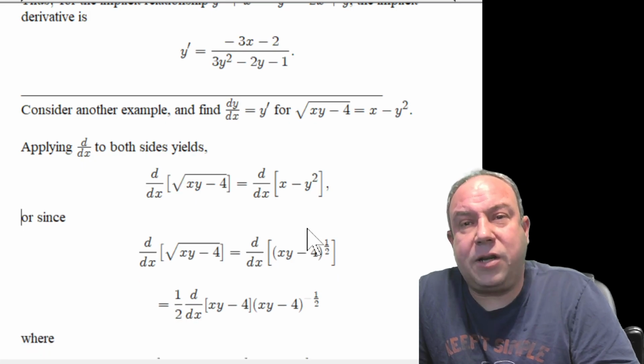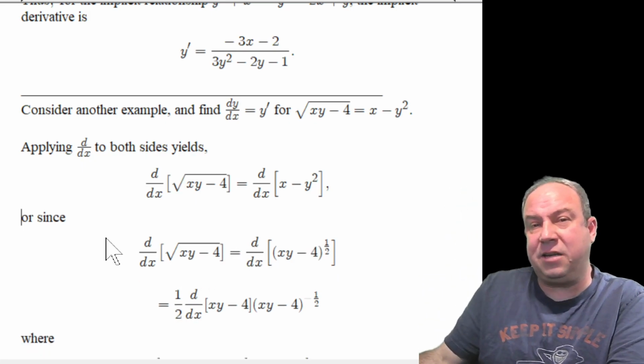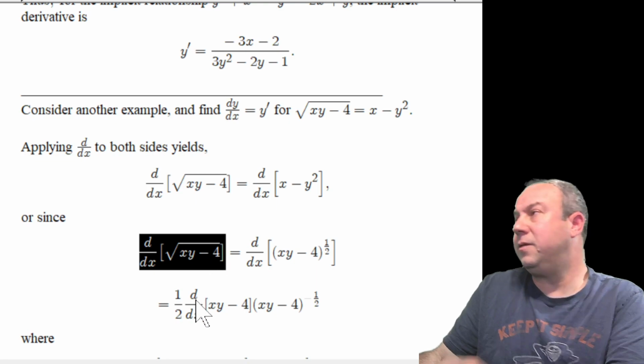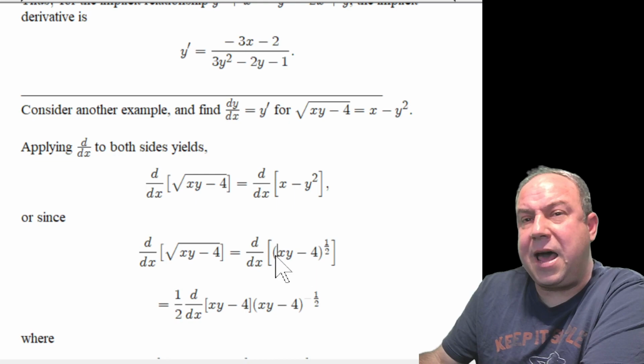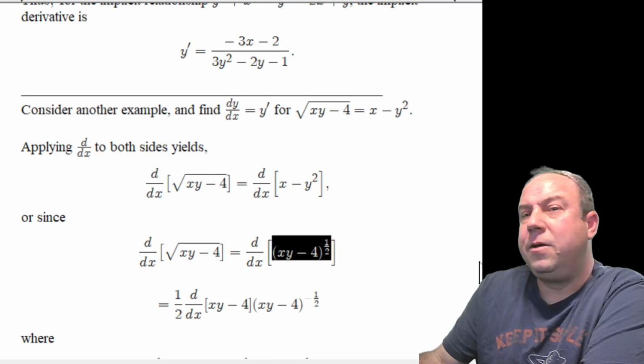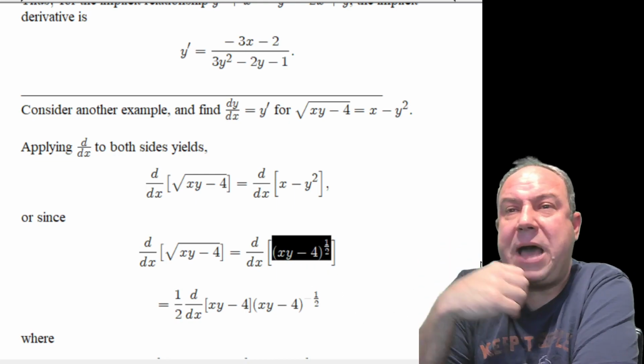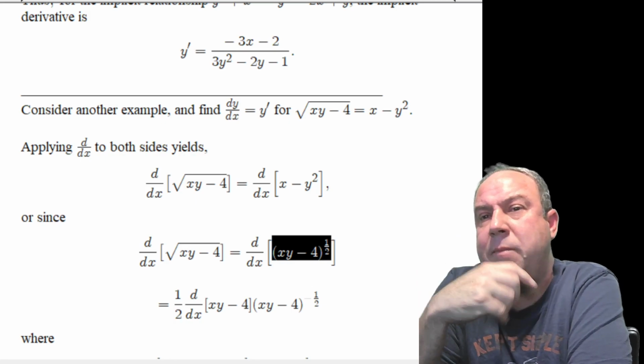If we focus our attention on the left-hand side to begin with, we will notice we have a derivative with respect to x for the 1/2 power of the quantity xy minus 4.